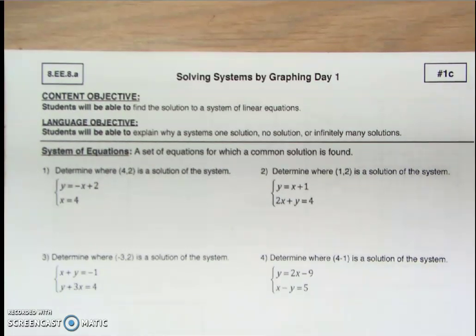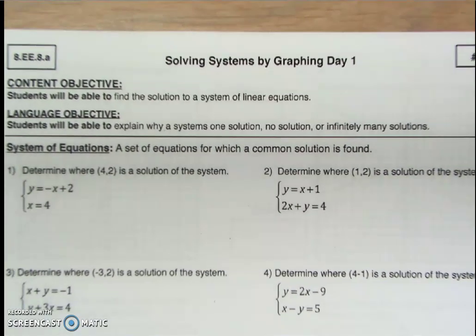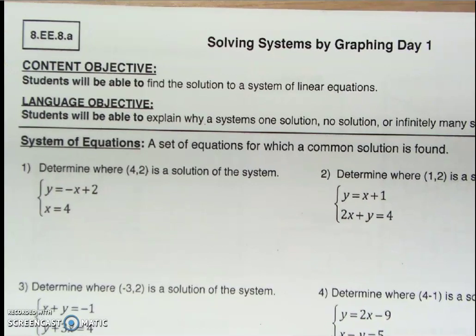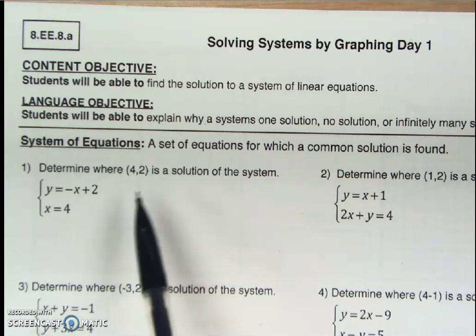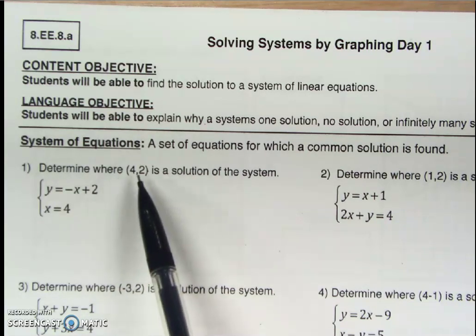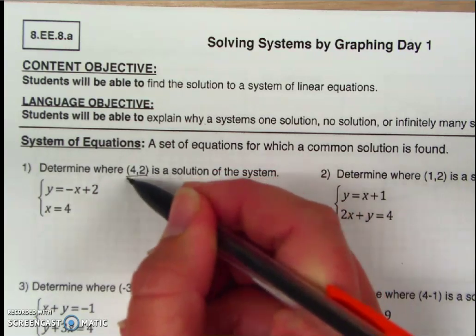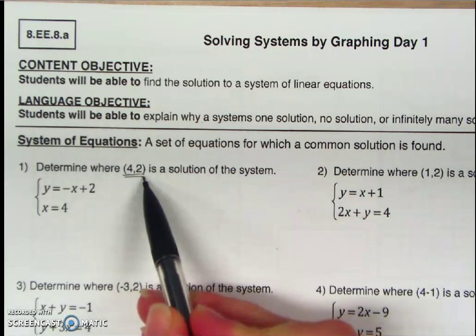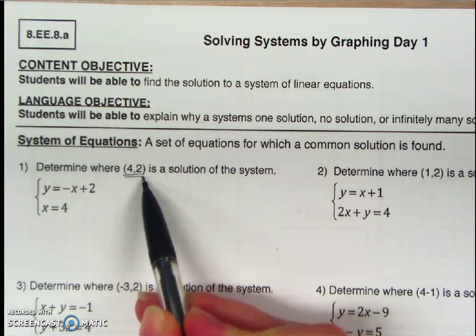So it becomes very easy if we see a graph to find our solution. But how do we make sure that that solution is the true solution to the system? Well, right here, we're going to look at the given point and see if this truly is the answer to this system. Remember, to be the one and only answer, it has to work for both equations.